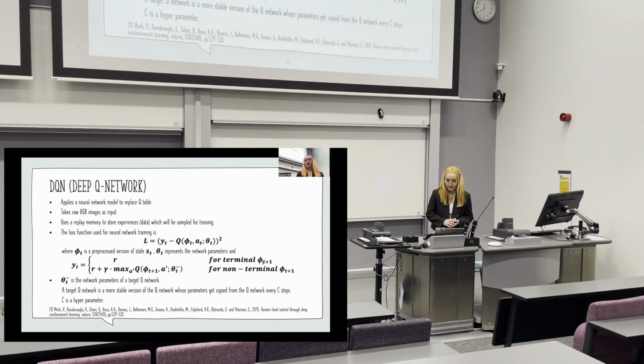Later, when deep learning becomes more popular, people apply deep neural networks to replace the tables, called the Deep Q network. These Q networks can take raw RGB images as input, and use a replay memory to store data to be sampled for training.